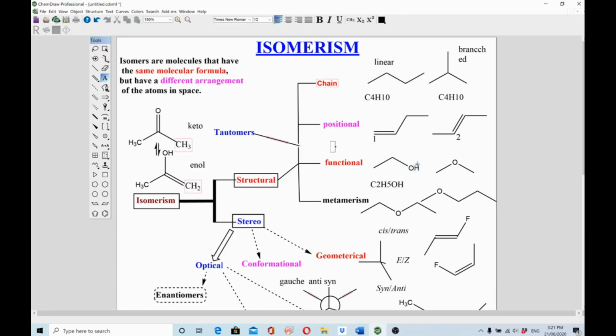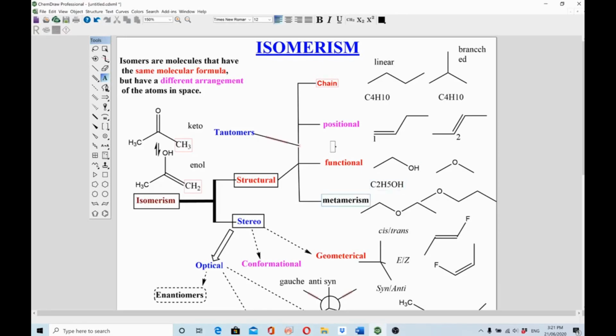In number 1 the functional group is alcohol, in number 2 the functional group is ether, or dimethyl ether. To be precise, functional group isomerism arises due to the presence of different functional groups. Interestingly, these two compounds contain different functional groups, but they have the same molecular formula. They are isomers because of the change in their functional groups.